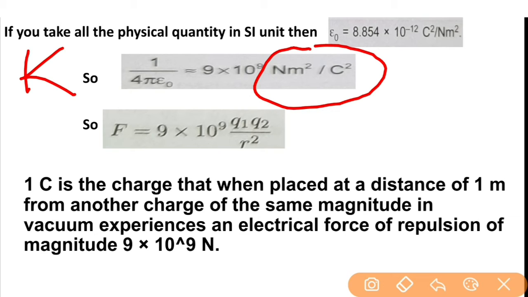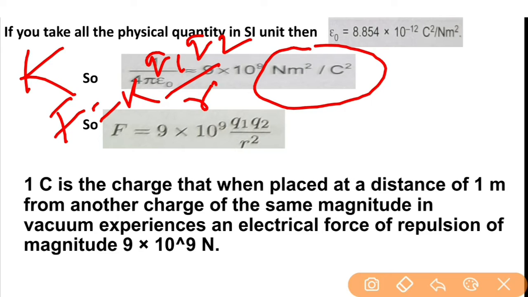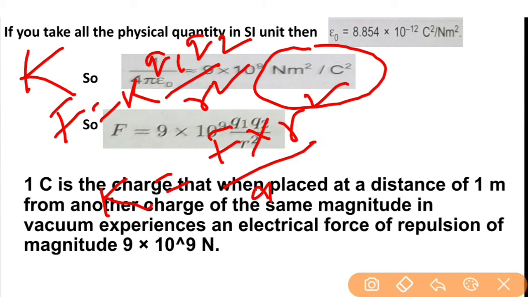Now F equals K Q1 Q2 by R square. So K equals F into R square by Q1 Q2.